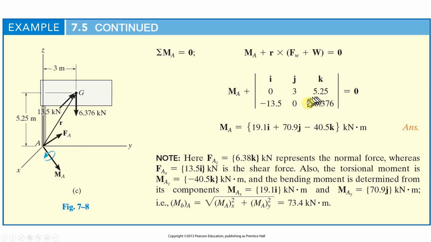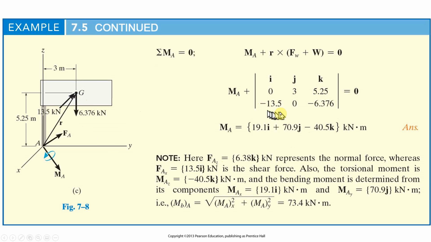So here's that weight. And when you do the r vector, which is going to be 5.25 meters in the z, there it is, there's 5.25, 3 meters in the y, there. So this is due to the weight, this factor right here.